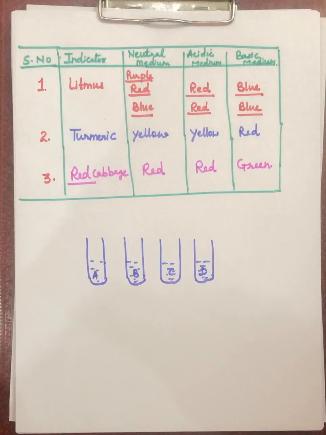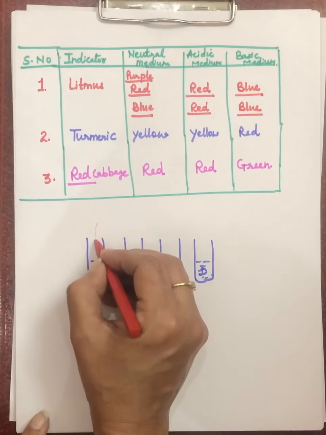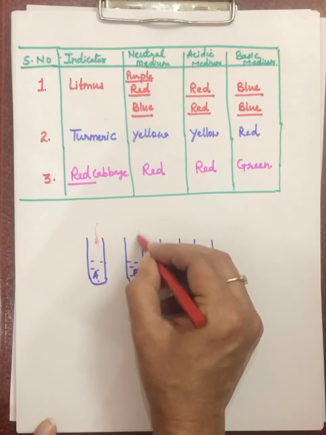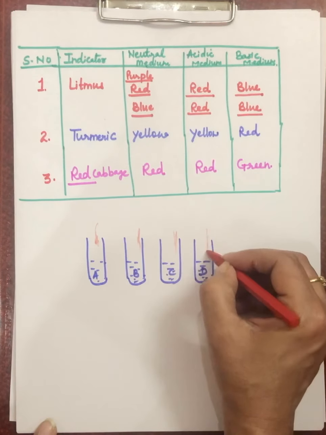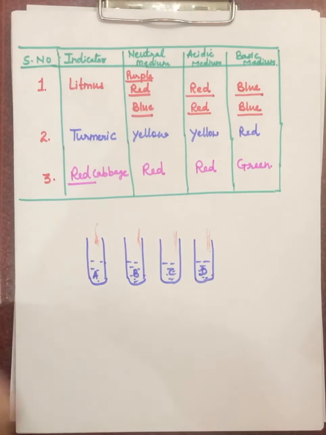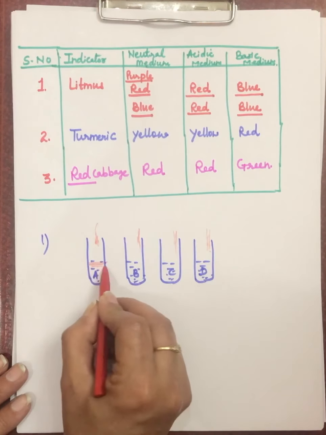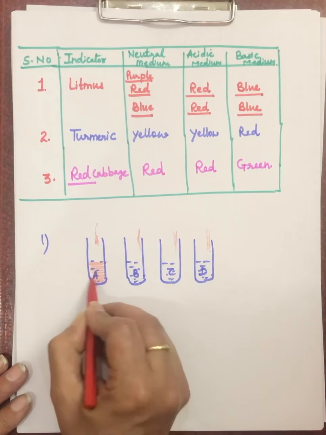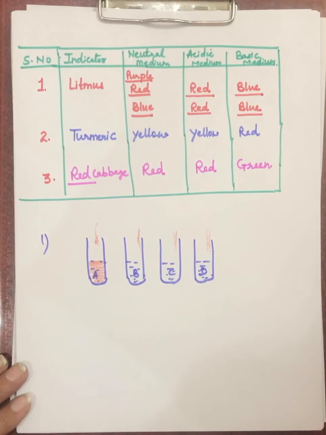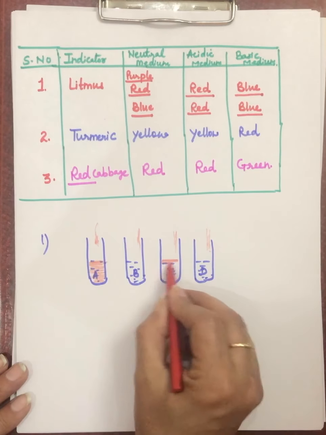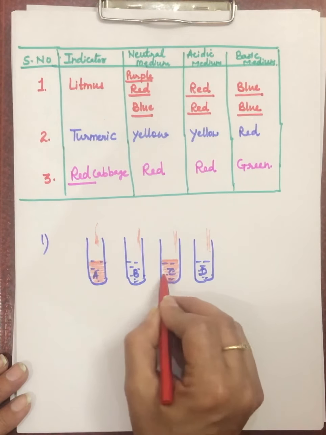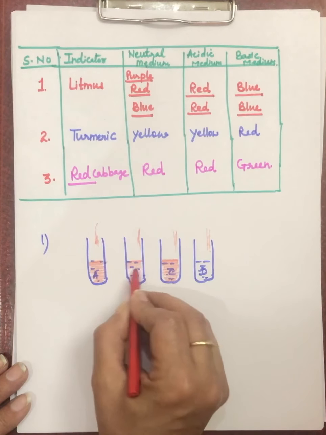Suppose we are using the red litmus solution first of all, and we are adding the red litmus solution to all these test tubes. This is the first case we are taking. Now what will happen? Suppose in this case the red litmus solution remains red, in this also it remains red, in this also it remains red.